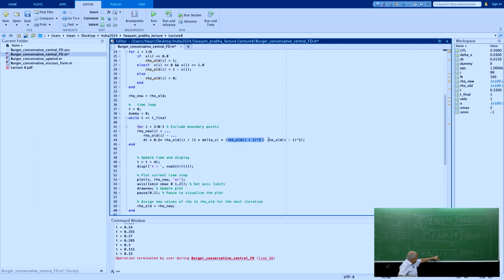This is rho of I plus 1 old, minus rho of I minus 1 old, and square.